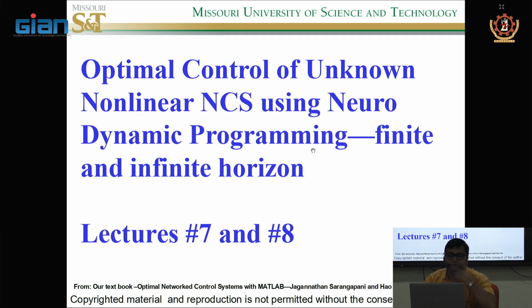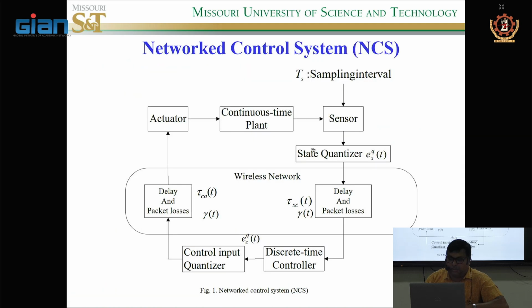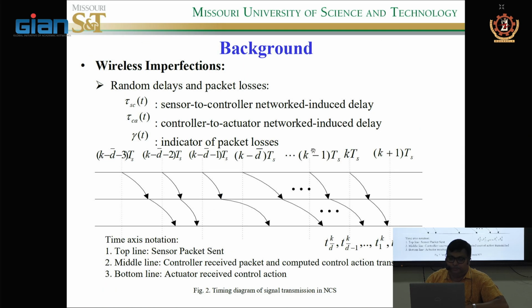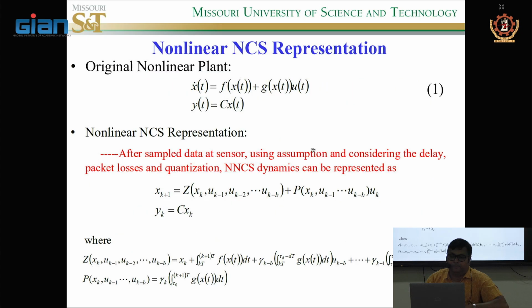This is the slide we are talking about: optimal control of unknown nonlinear NCS using neurodynamic programming, finite and infinite horizon. If you have this nonlinear plant in equation number 1, then you have to find the nonlinear NCS representation, with the delay and packet loss.